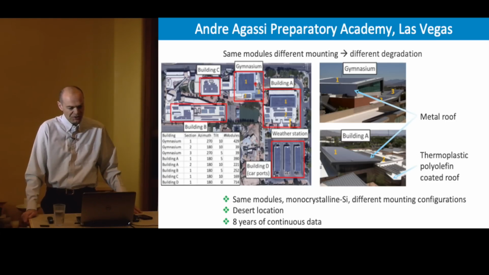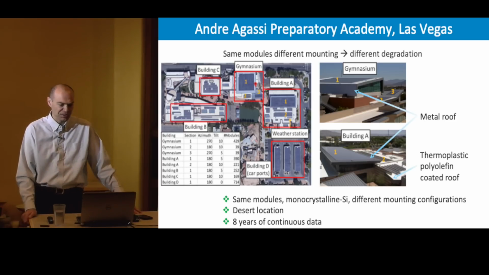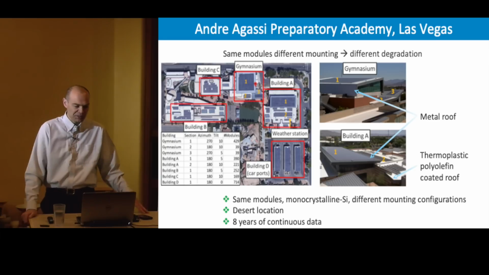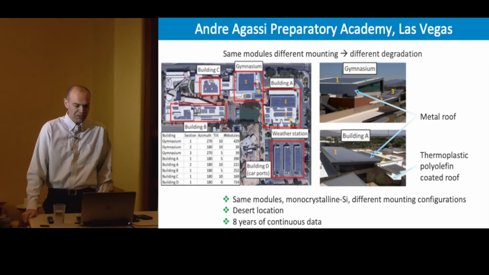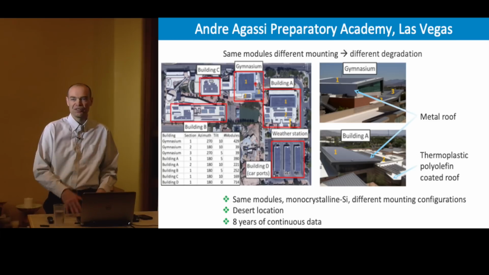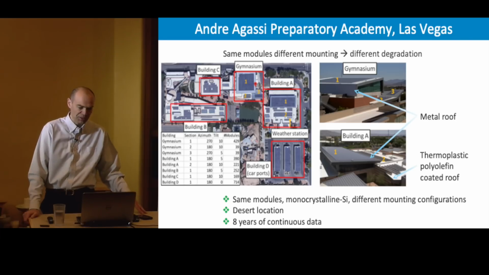And this is an interesting system. This is the Agassi School in Las Vegas, a desert climate, named after the former tennis player who founded the school. The interesting part is that they have the same modules installed on different types of buildings, different roof types, and different standoff distances.